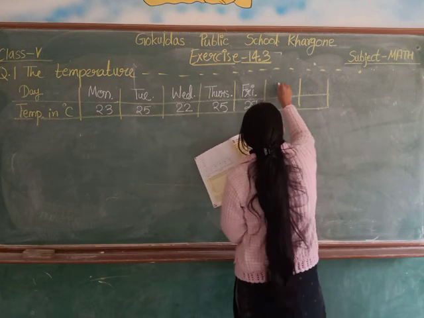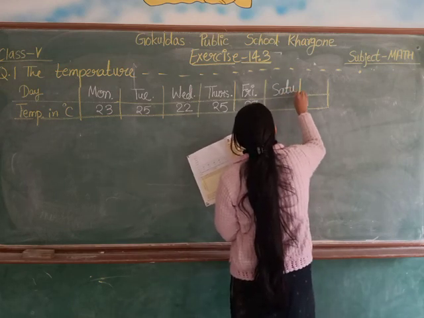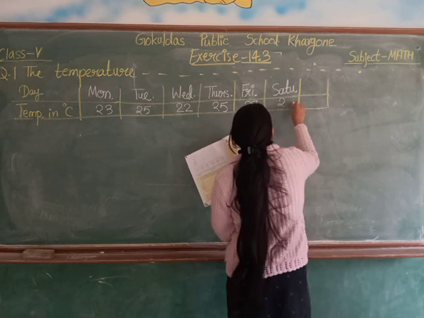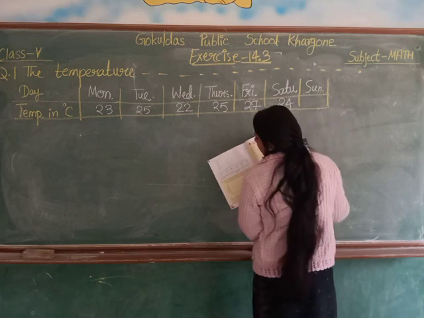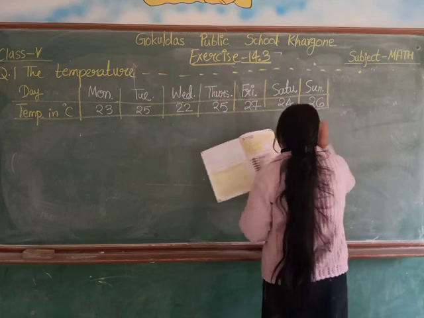On Saturday, the temperature was 24 degrees C. And on Sunday, the temperature was 26 degrees C.